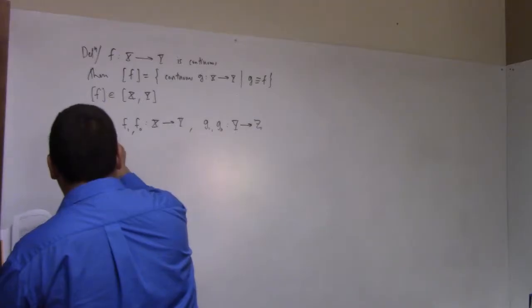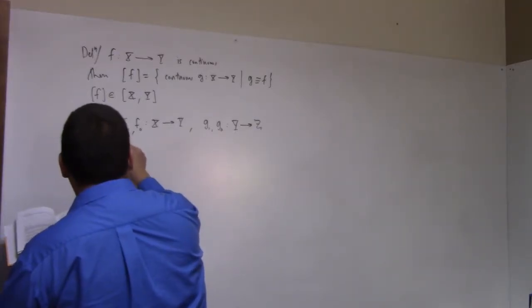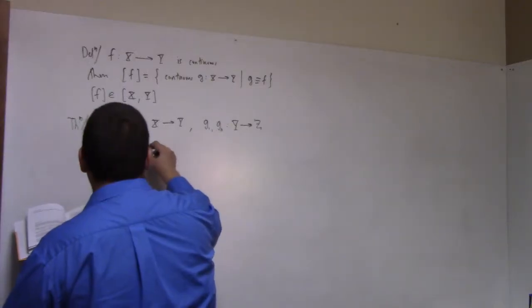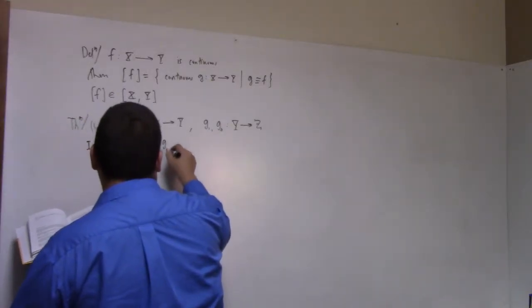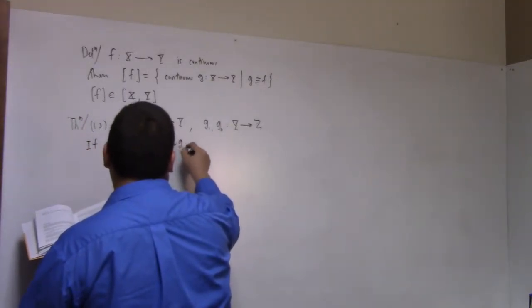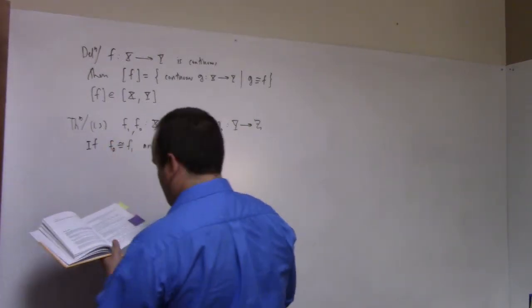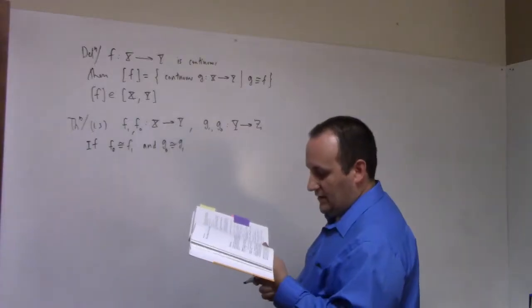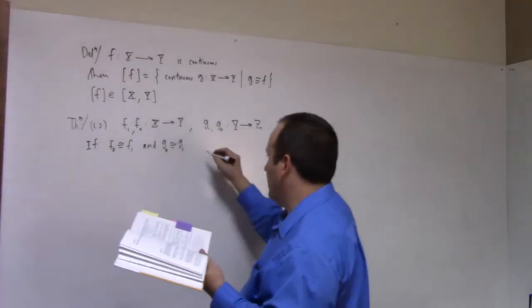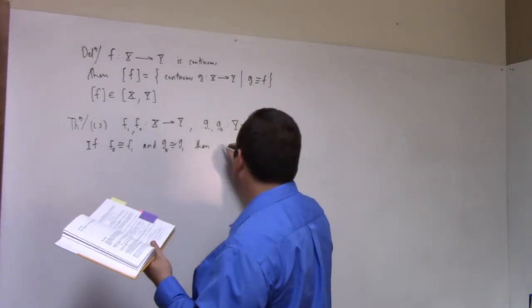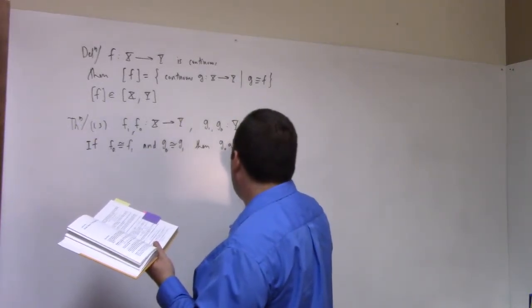And then here's the thing, if F naught is homotopic to F1, and if G naught is homotopic to G1, sorry, I said G1 is homotopic to itself, that was stupid. So G naught homotopic to G1, then of course you can form compositions, right? So you can look at G naught composed with F naught, and guess what?